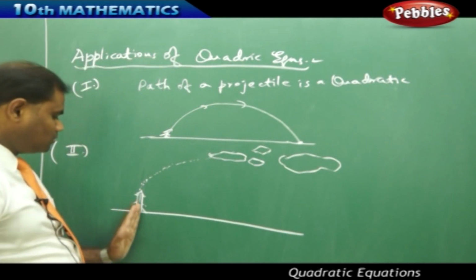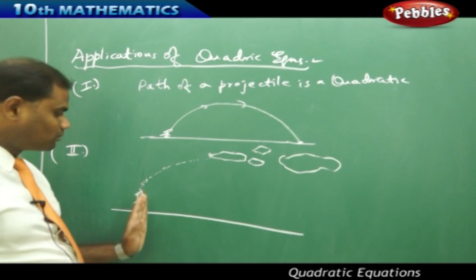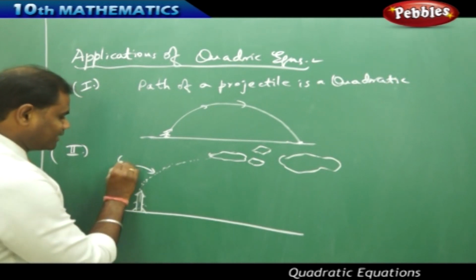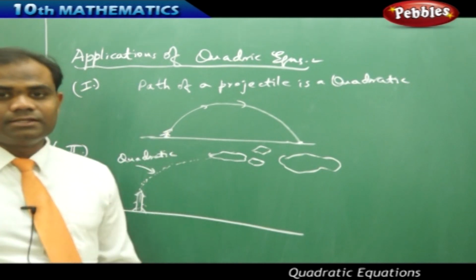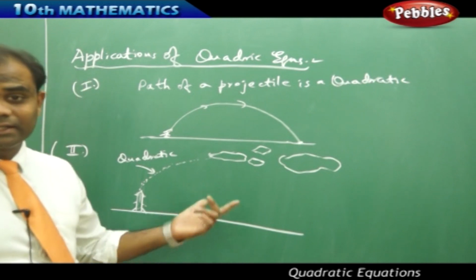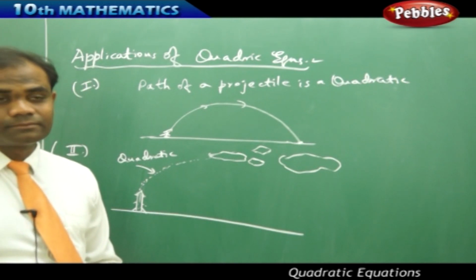Therefore, the launching of a rocket, the moving of a rocket from the ground, can also be represented using a quadratic, is one of the ways of understanding the quadratics in real life.